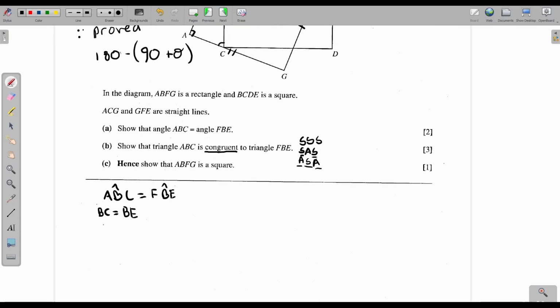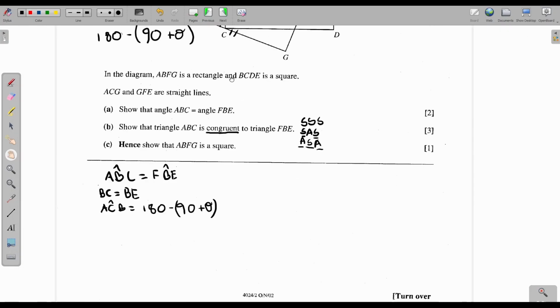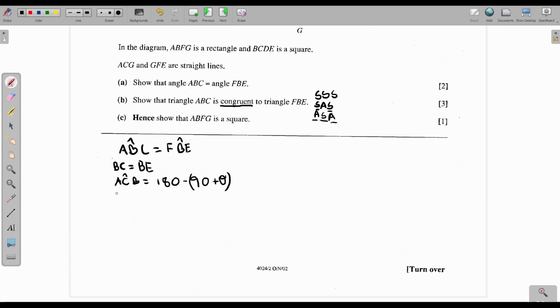So we can also show that angle ACB is equal to 180 minus (90 plus theta). And the same goes for angle FEB, or BEF. Angle BEF is also equal to 180 minus (90 plus theta).